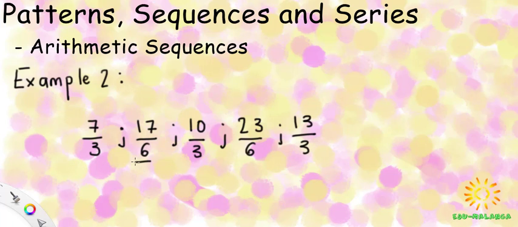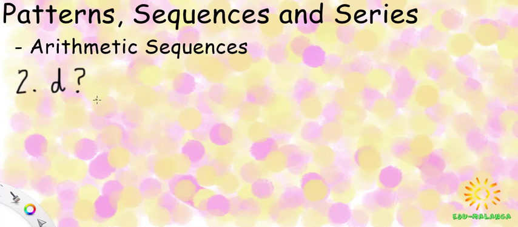Pick perhaps the second term, and what we'll do is subtract the previous term from the current term which we've selected in order to find the common difference. So let's get started. To find the common difference, we're going to say 17 over 6 minus 7 over 3. The difference between these two numbers is what we call the common difference of an arithmetic sequence.